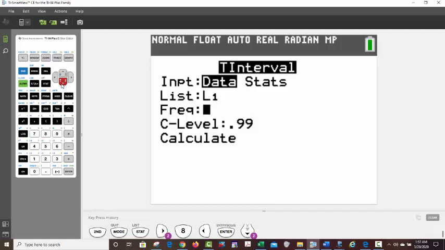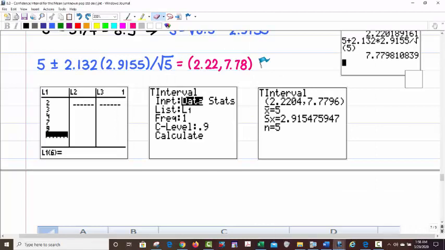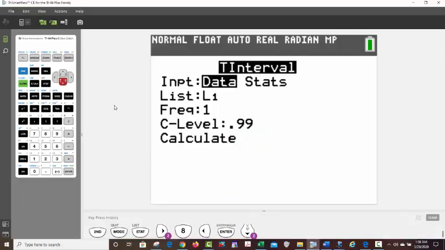You don't have to change the list. So it's going to take that and do everything: the mean, standard deviation, the entire interval. I've already forgotten the percentage. I want to say it's 90, but let me double check. Yes. All right. So if this is in one of the homework problems, this will certainly be convenient.